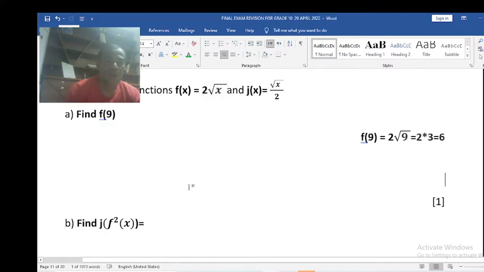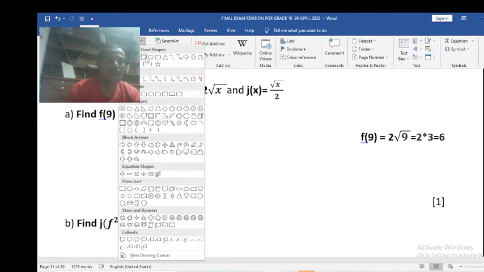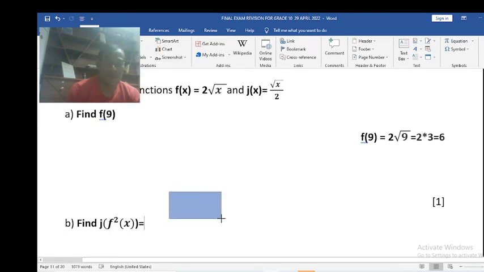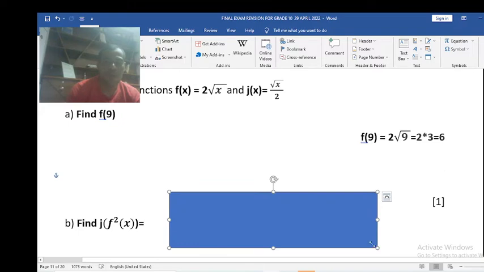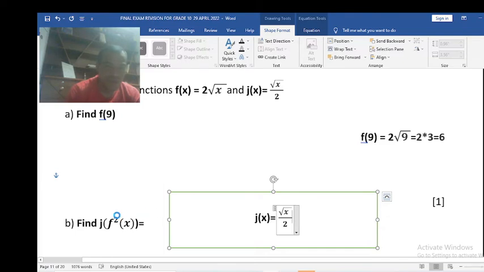First of all I'm going to write this first. Copy. I will insert a square. Then like that. Control V. So g of f squared of x.